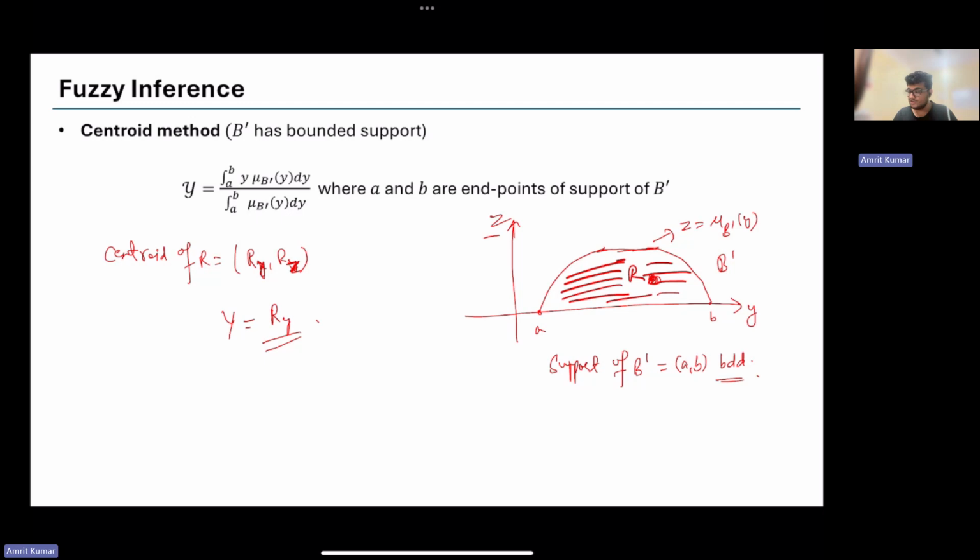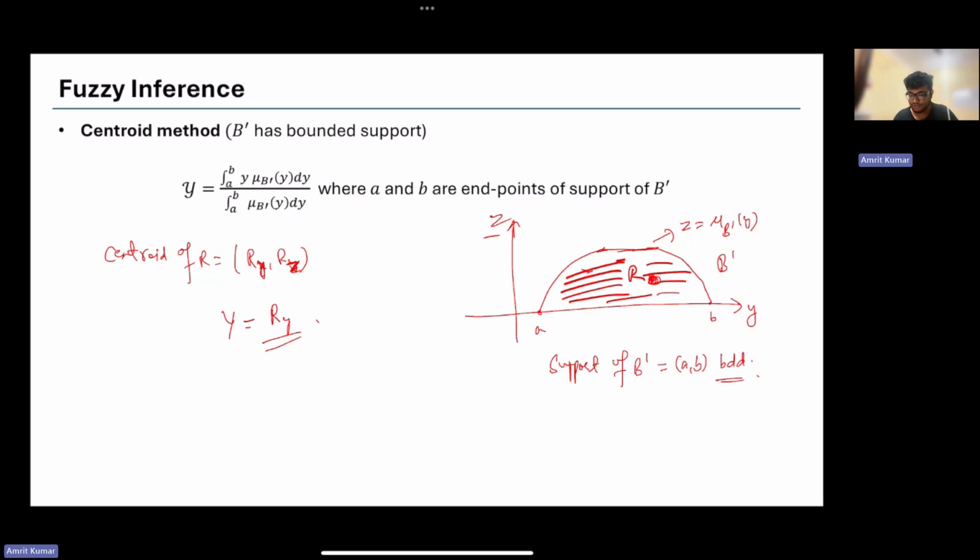Now the question is, how do you compute this centroid? If you remember class 11th physics, you would recall that the centroid of this region can be easily computed.